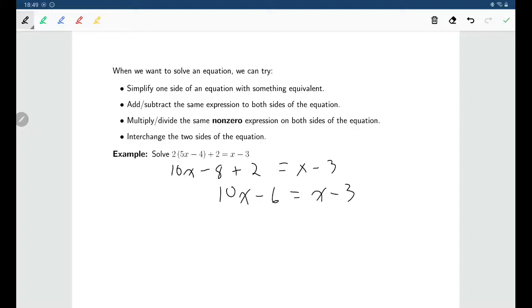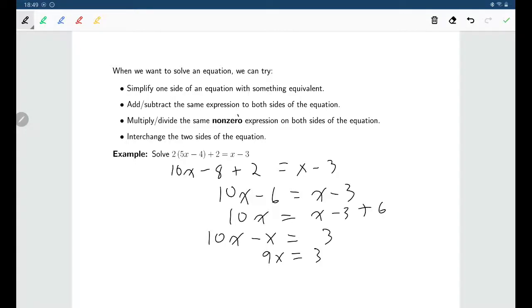You could add 6 to both sides of the equation. You could subtract x from both sides of the equation. Simplifying 10x minus x to give me 9x, and then to solve for what x is, I could divide both sides of the equation by 9.